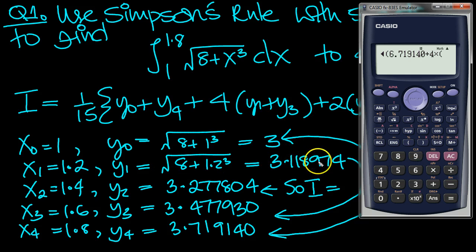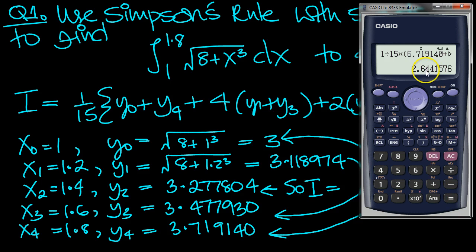There's y1 and there's y3, so it's 3.118974 plus this one, 3.477930. So we close the bracket for the 4 times, plus 2 times, and the 2 times is this one in the middle here, the y2, 3.277804, close the end bracket, equals.